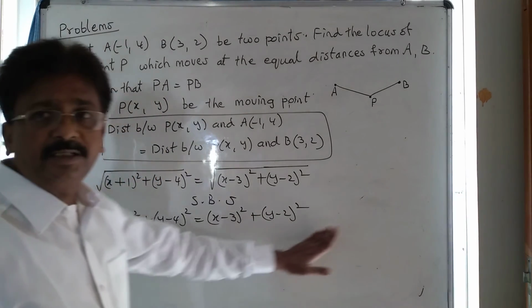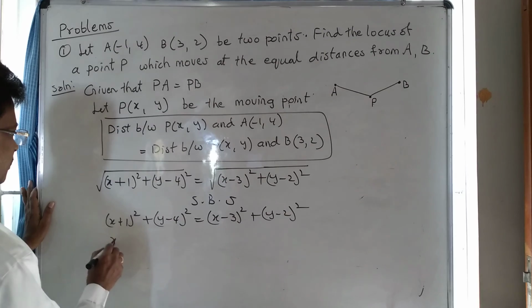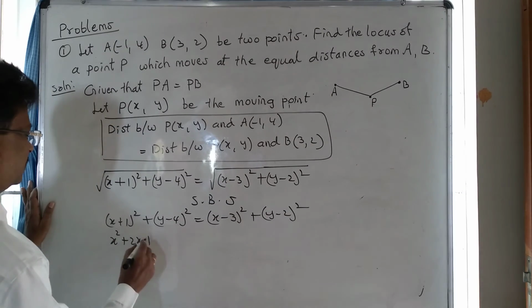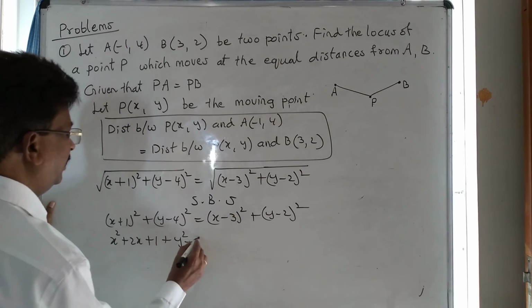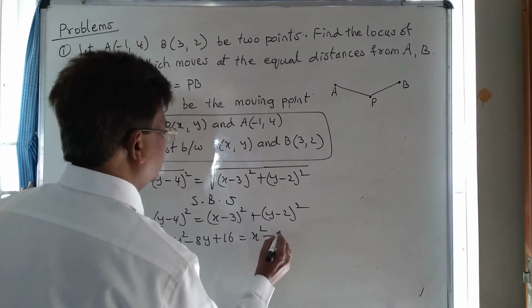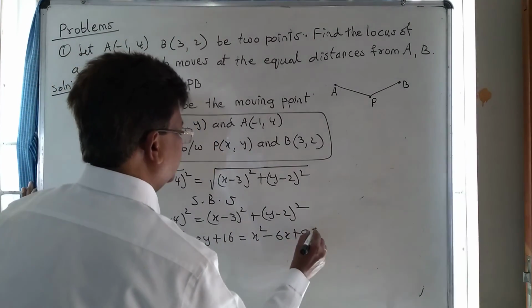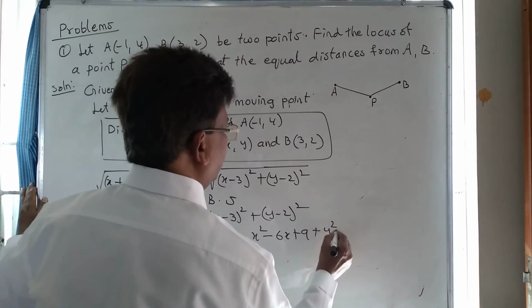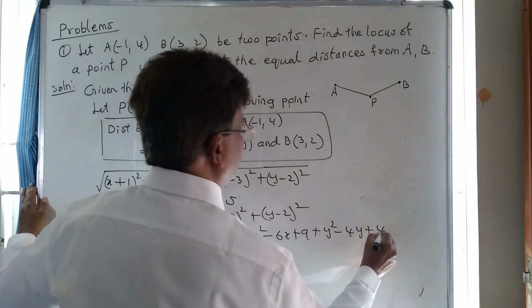Expanding everything, x square plus 2x plus 1 plus y square minus 8y plus 16 is equal to x square minus 6x plus 9 plus y square minus 4y plus 4.